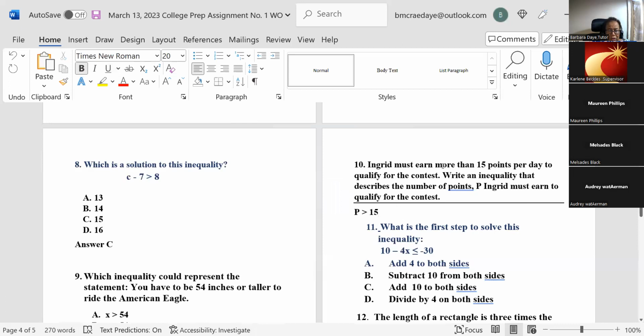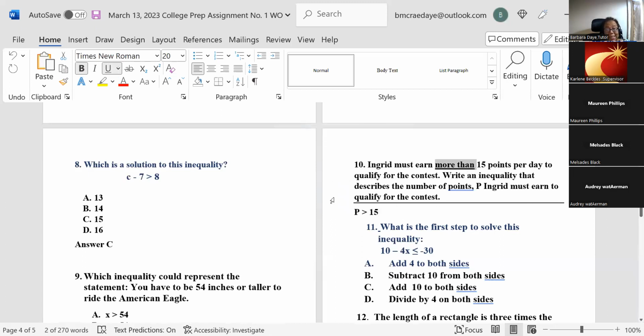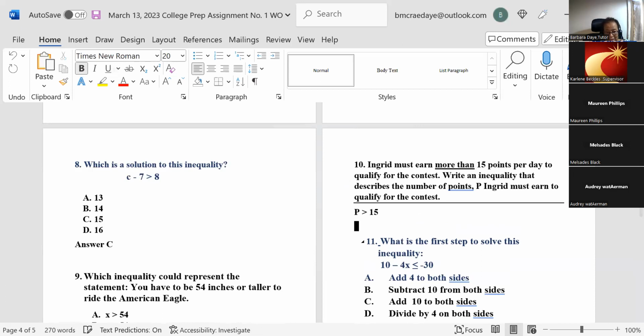That's why. Ingrid must earn more than 15 points. That's right. More than. It didn't say at least, which would be a greater than or equal. It says more than, so it's greater than 15, right? Yes. Got it? Okay. So answer P greater than 15.